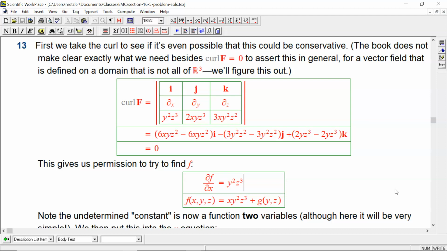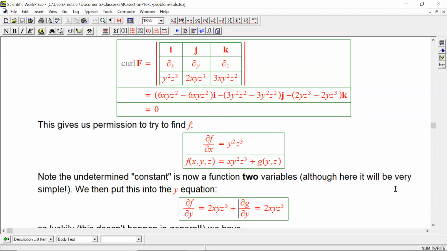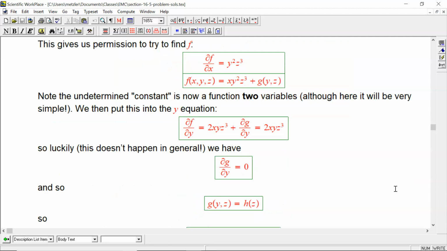So, just a few more things. We find f in 3 stages because it's a 3-variable function. We do one antiderivative. You have a quote constant that's really a function of 2 variables. Then you plug that back in to carefully see what has to be true about the second function. Then you get a function of 1 variable.